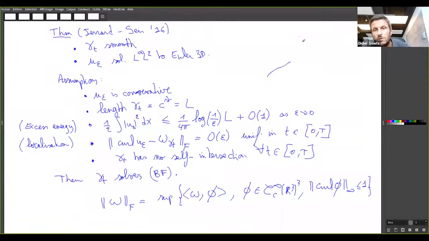If you take one curve here in space, that would be omega 1, oriented this way, and I take a nearby curve here in space, that would be omega 2. Then the flat norm of omega 1 minus omega 2 is actually the area of the minimal surface joining the two curves.